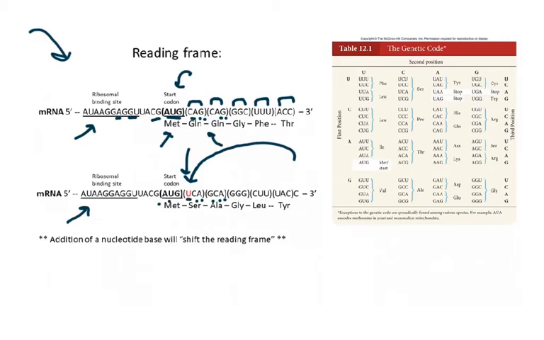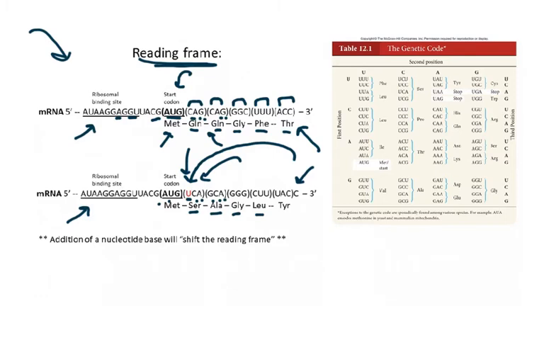This, though, has altered the reading frame. The addition of this weird little nucleotide is going to completely change the sequence. So this is going to be important if we eventually get to talking about mutations. By just adding one little nucleotide, we have completely changed every single codon and thus every single amino acid that would be translated.